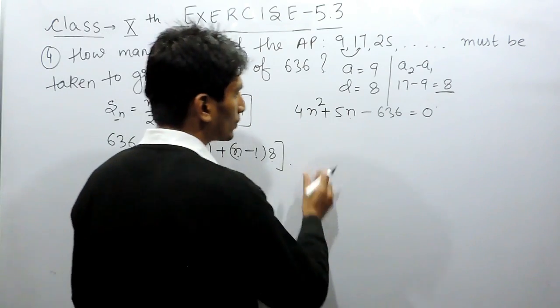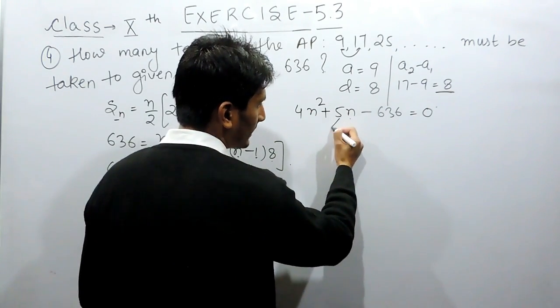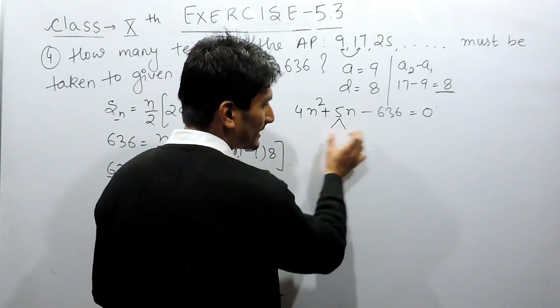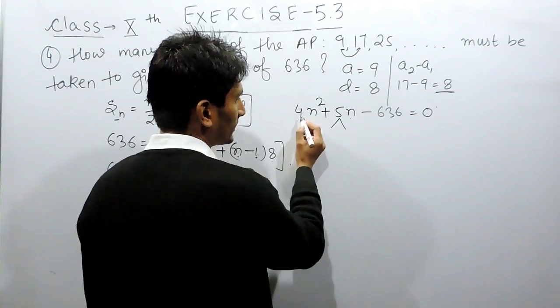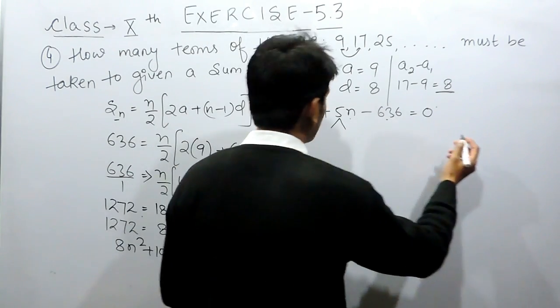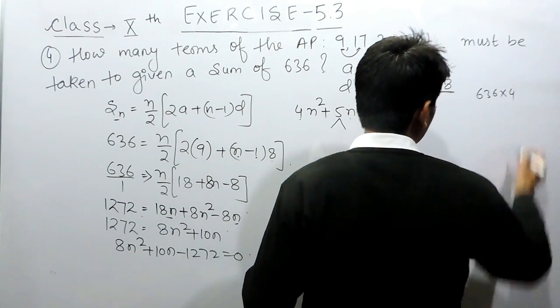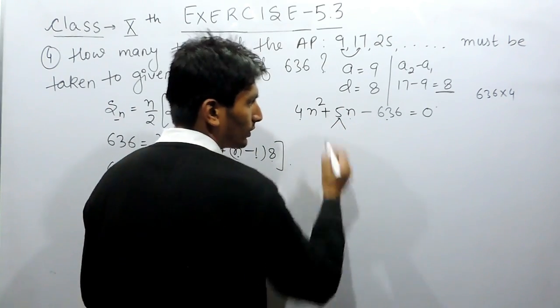Now to solve this quadratic equation, we have to split the middle term into two parts, such that the multiplication of those two numbers should be equal to the multiplication of this into this. Means 636 multiplied by 4, and the subtraction of those two numbers must be equal to 5.